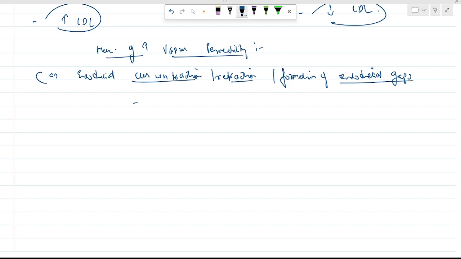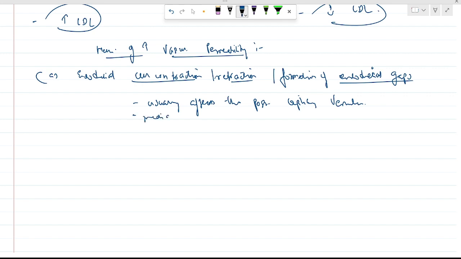This usually affects the post capillary venules. Post capillary venules are generally affected.